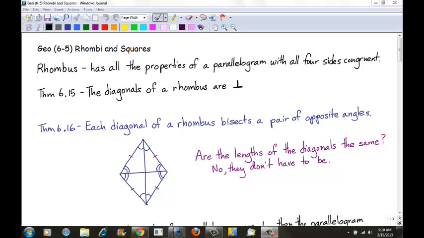Okay, so you could probably add to this picture the diagonals of the rhombus. These would all be perpendicular. Okay. So Theorem 6.15 says the diagonals of a rhombus are perpendicular. And you can use the symbol for perpendicular.